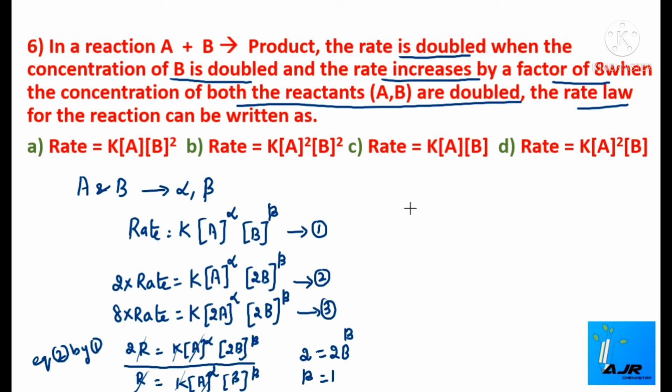Now we are supposed to find out the value of alpha. For that I am going to divide equation 3 by 2. So when you are dividing equation 3 by 2, what happens?